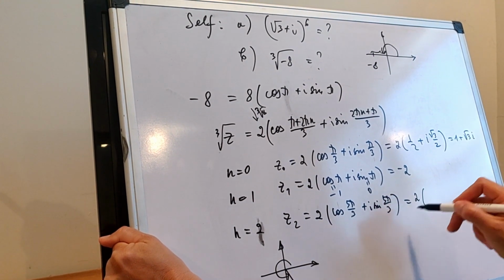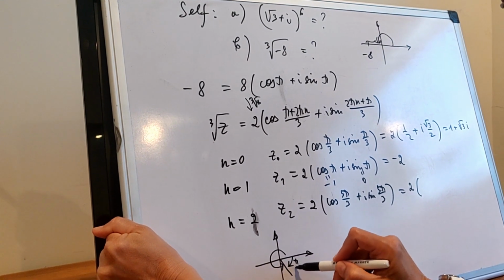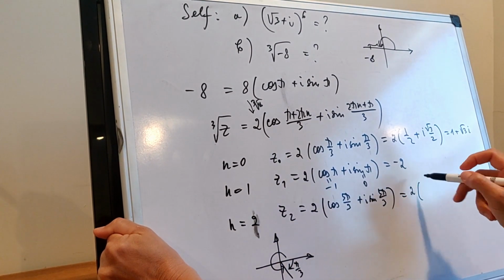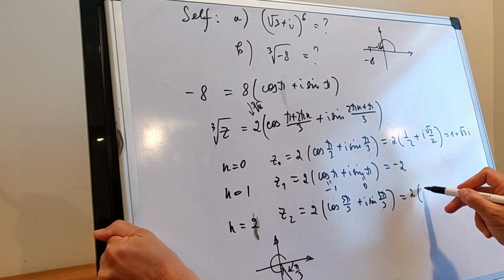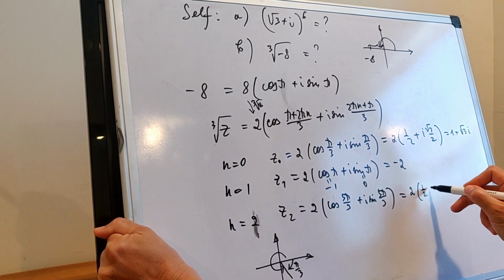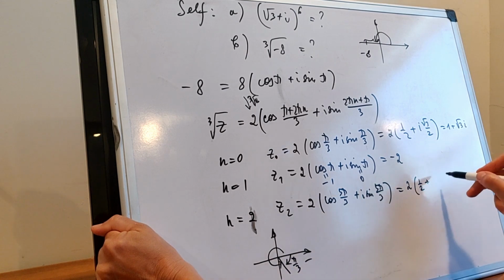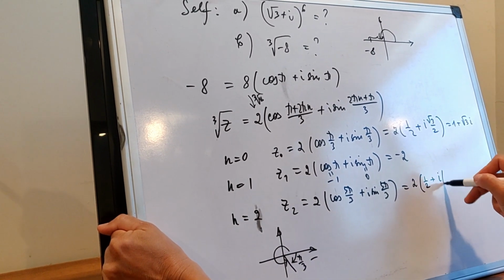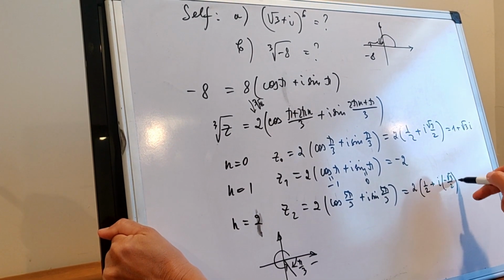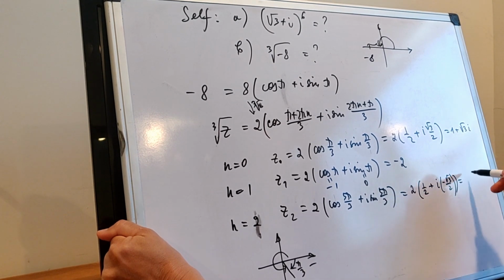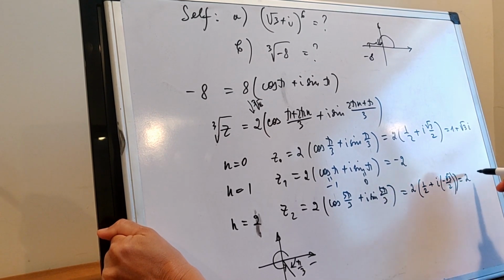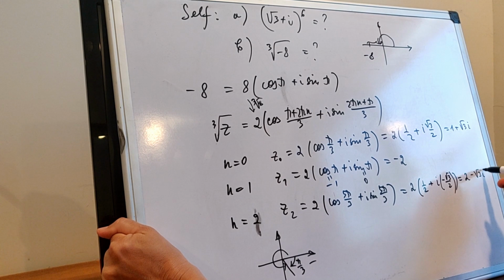So it's 2, and this angle is pi over 3. So we're just going to have a cosine of pi over 3, which is 1 over 2, and the sine of pi over 3, which is negative, just because it's sitting over here, i by negative square root of 3 over 2. Let's multiply everything and get the number 2 multiplication of this, minus square root of 3 i.